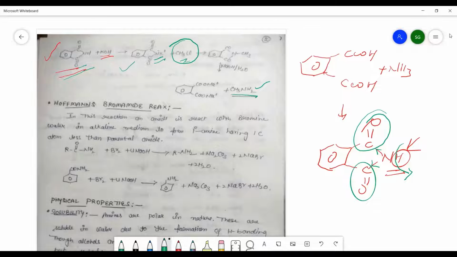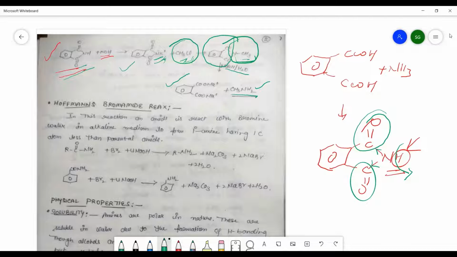The K and Cl will be removed together, and there is a formation of an alkylated phthalimide, which on basic hydrolysis gives rise to the formation of pure primary amine from this structure, and we are getting the sodium salt of phthalic acid from this structure.